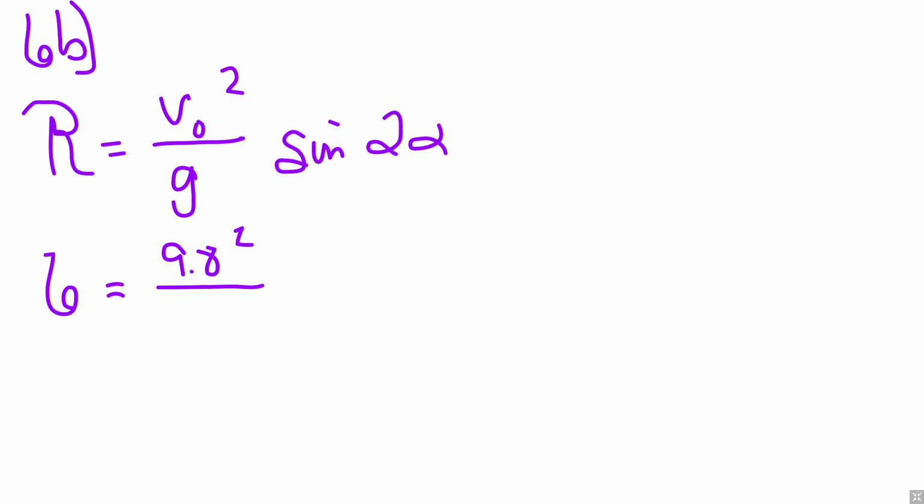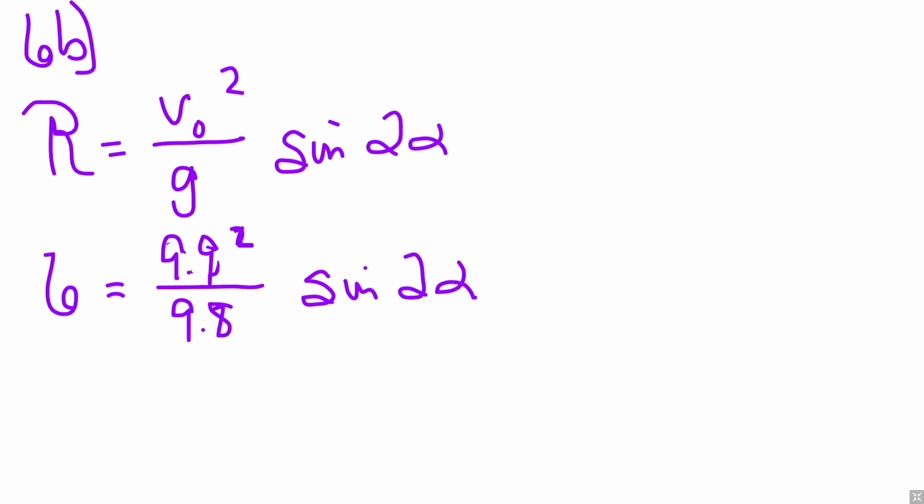Oh, did I tell us the initial velocity? Oh no, we've got the initial velocity from part A. The initial velocity from part A was 9.9. So we're going to put 9.9 here squared, and then 9.8 for the gravity times the sine of 2 alpha.